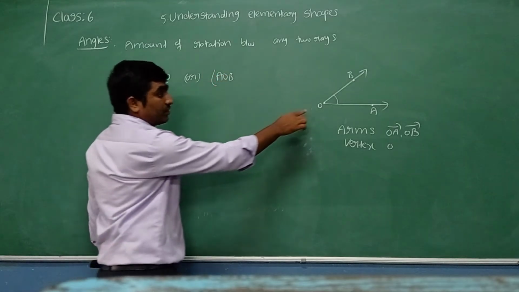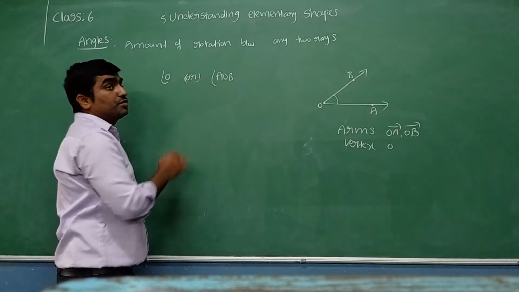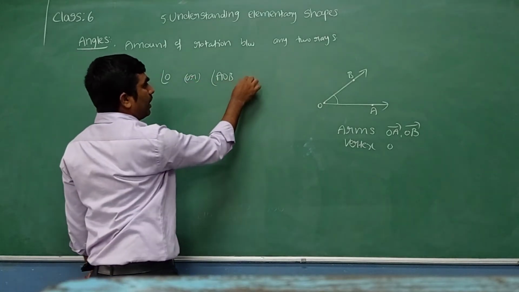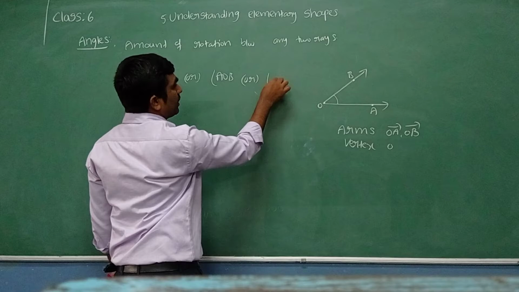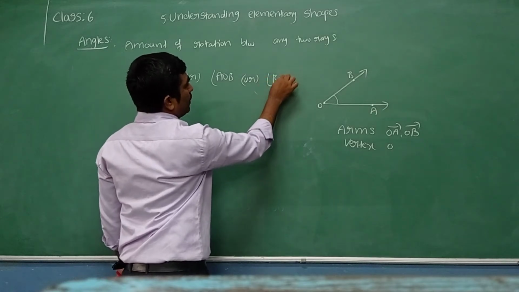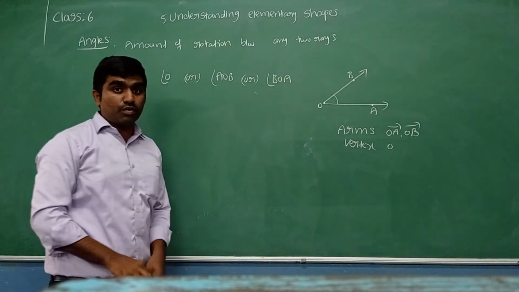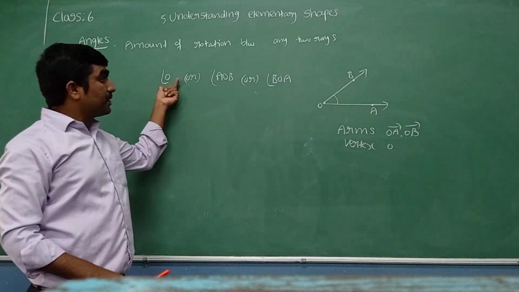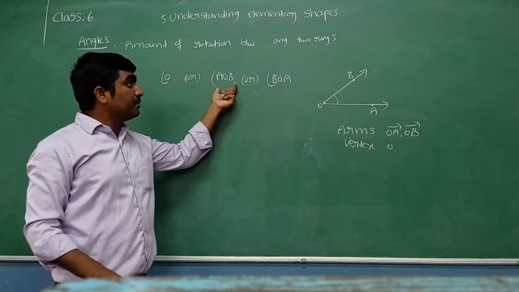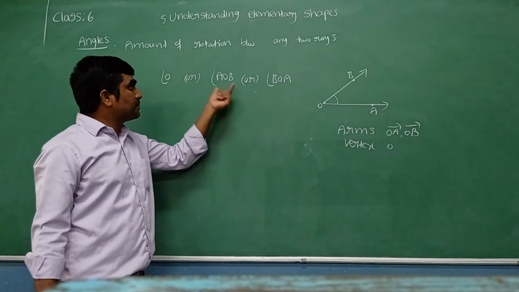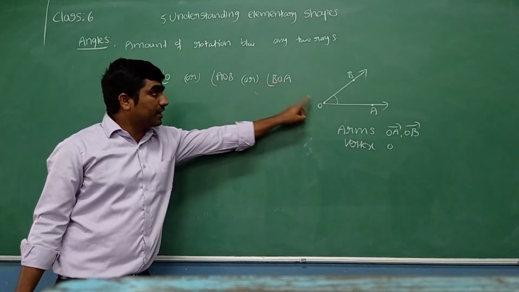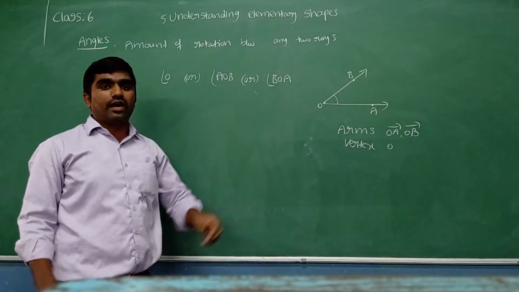Make sure that vertex O must be in the middle of those three alphabets. Also we can express angle BOA. Here also you can see vertex O is in the middle. So like that we can express the angle with a single alphabet or three alphabets. When we express it with three alphabets, the vertex must be in the middle.